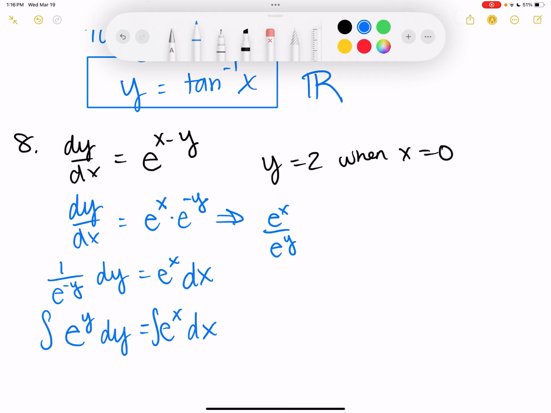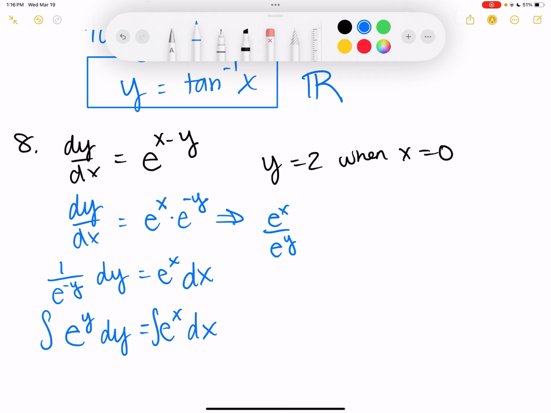So I'm gonna say 1 over y e to the y equals 1 over x e to the x. Wait, what?